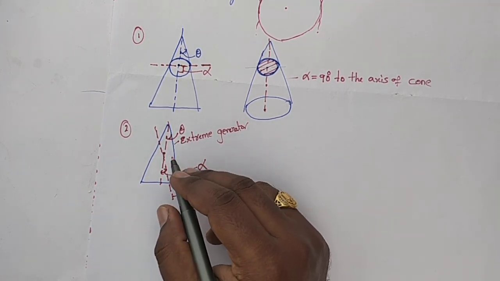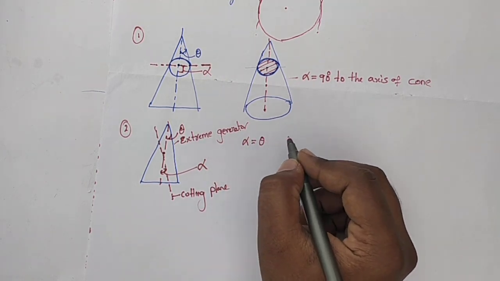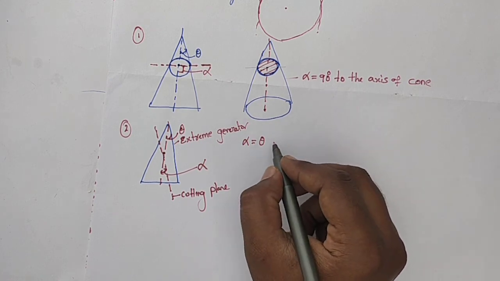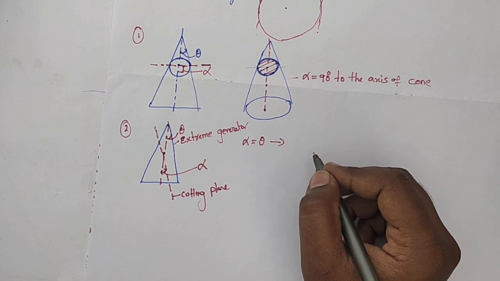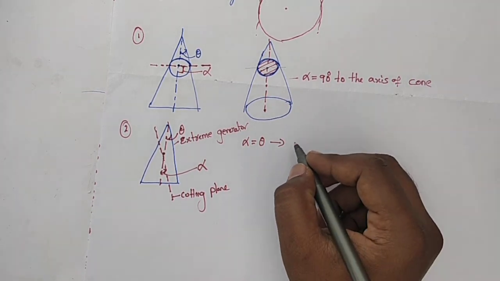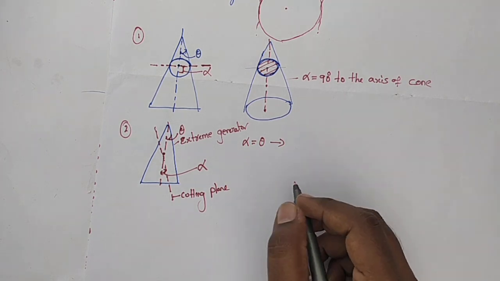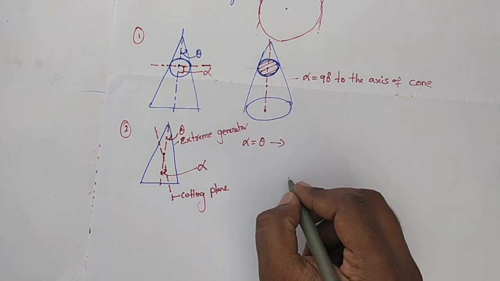In this case, alpha is equal to theta. Whenever alpha is equal to theta, the curve formed due to the cutting of the cone is a parabola.